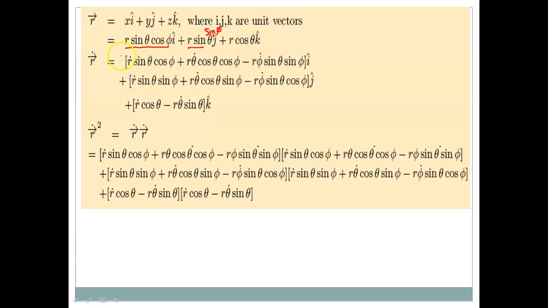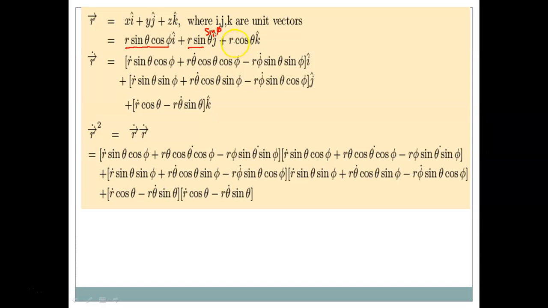Now if we differentiate this with respect to t, r dot means you are taking the derivative of the first and the two are as they are, r dot same thing. Then you are differentiating with respect to theta, sine theta becomes cos theta, and along with that we will have theta dot. So r cos theta, theta dot cos phi.